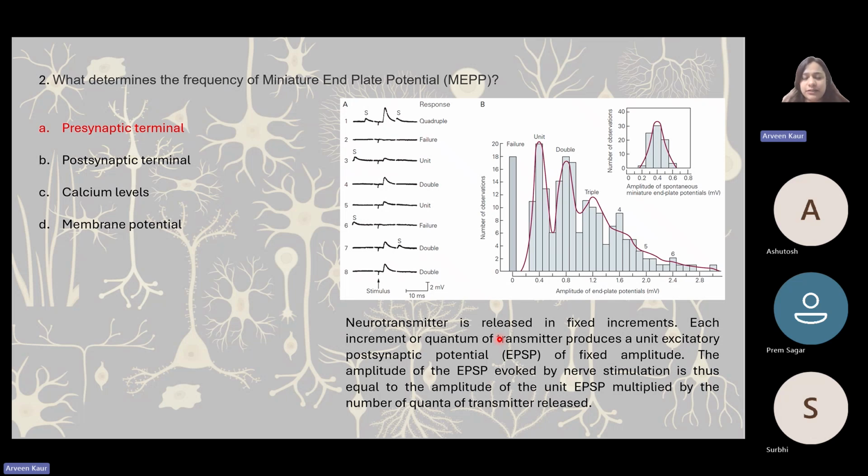There are other factors, such as the receptors being there on this side of the terminal, but this is a major determinant. So over here, for instance, you can see the amplitude of spontaneous miniature end plate potentials in millivolts that is plotted here.